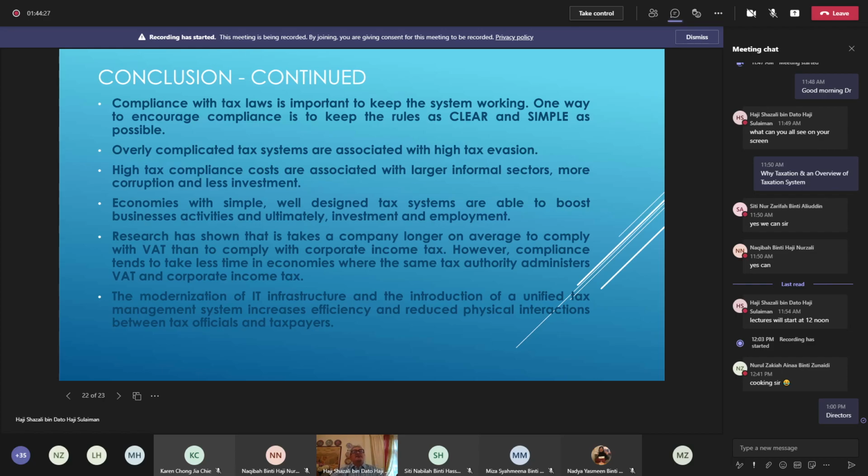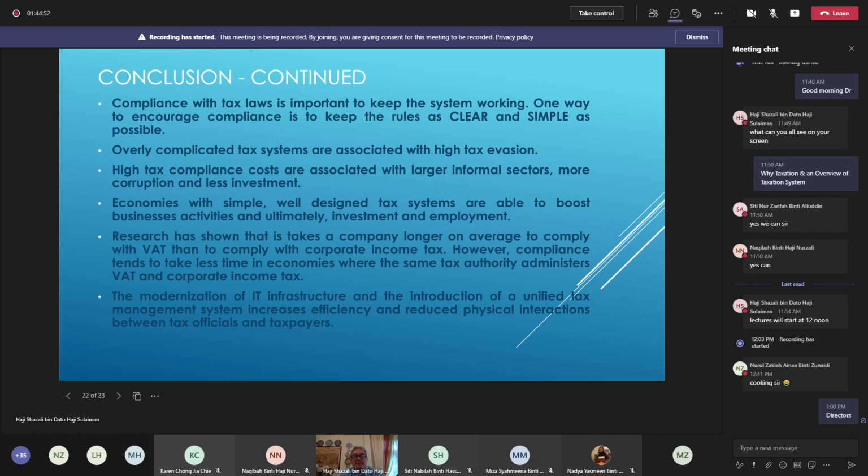Overcomplicated tax system associated with high tax evasion, correct? High tax compliance costs associated with larger informal sectors, more corruption and less investment. So higher compliance cost means the more complex the tax system, the more you may have to recruit people or use consultants to help do your tax computation.